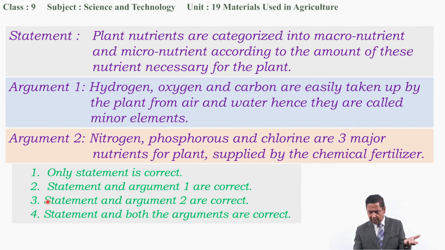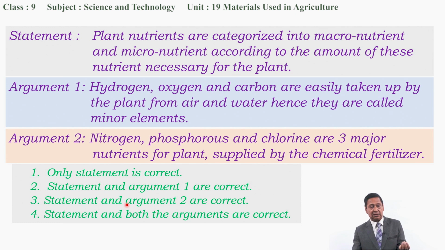Option 3: statement and argument 2 are correct. Check out argument 2. Nitrogen, phosphorus and chlorine are three major nutrients for plants supplied by the chemical fertilizer. Is it correct? No. Nitrogen, yes. Phosphorus also yes. But chlorine is not a major nutrient. This is a minor nutrient. That's why this point is not correct.